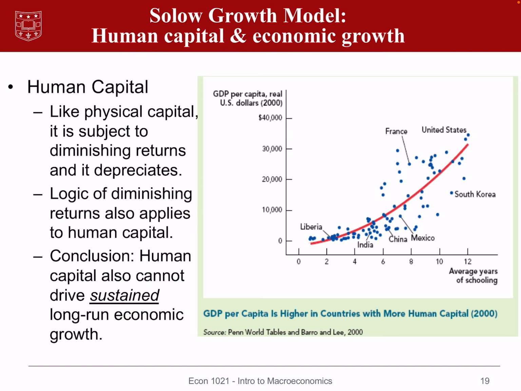Well, we can say that human capital certainly correlates positively with higher levels of GDP per capita. Countries that have higher measures of human capital, say by looking at average years of schooling or literacy rates or other kinds of measures, are countries that also typically have higher GDP per capita.